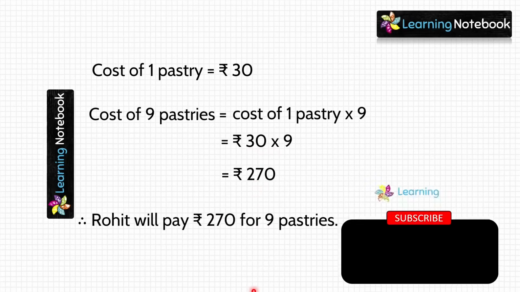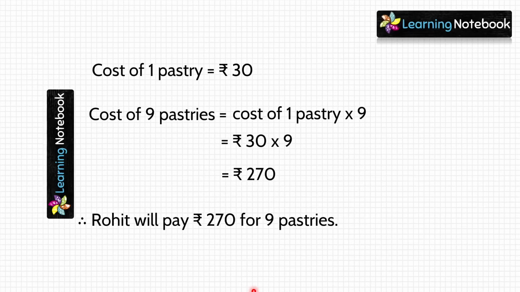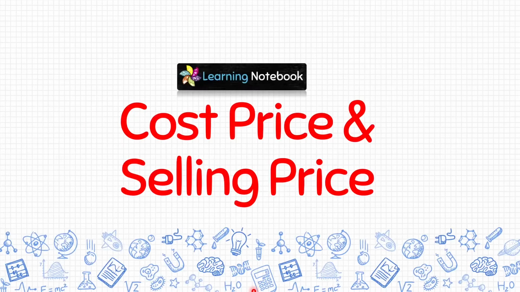So the answer is Rohit will pay rupees 270 for 9 pastries. So now students, I am sure you have understood unitary method. Now let's move to another very important topic, cost price and selling price.